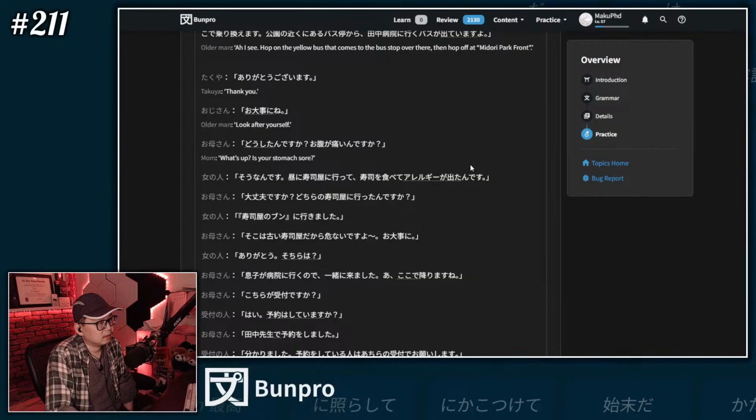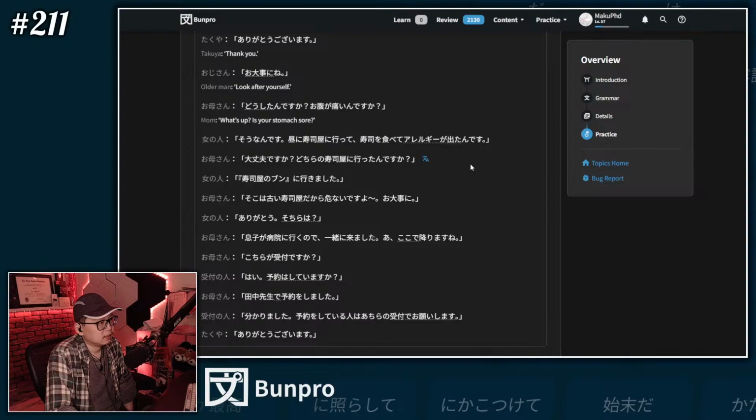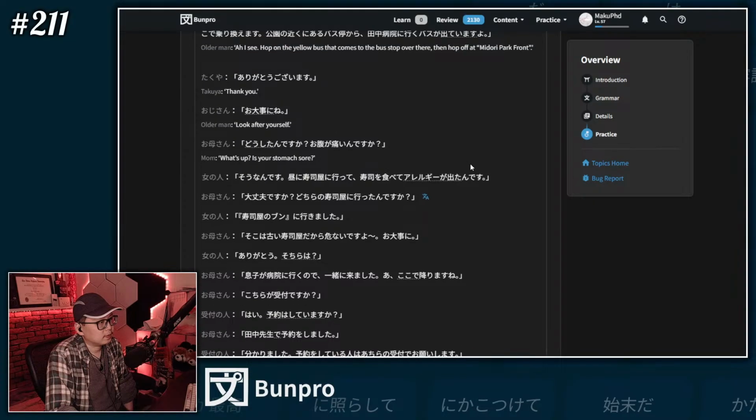どうしたんどうしたんですか? And then the lady said, そうなんです. Yep. She had sushi for lunch, or in the afternoon.